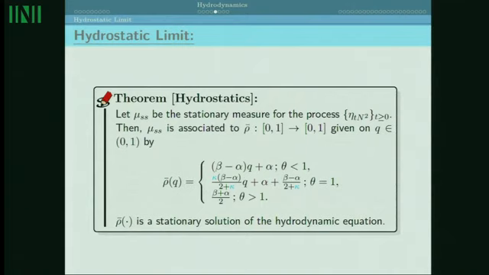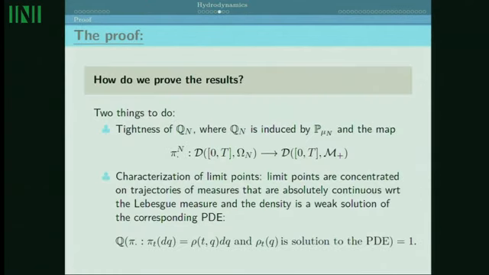And it's possible to show that in fact the stationary measure is associated to this stationary profile. So this is a way that one can try to have a guess about what type of PDE and what type of boundary conditions one can get: to look at the stationary measure. Just before I go on, because I want to reach fluctuations, how to prove this?